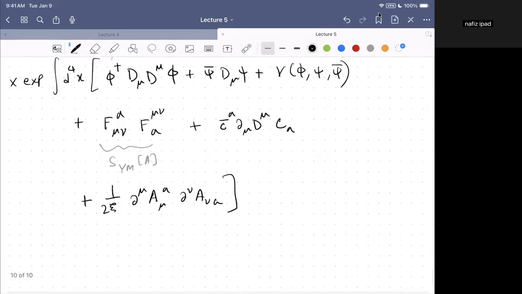Now, these different parts have different names. So this part is called a ghost action. And these fields are called ghosts.